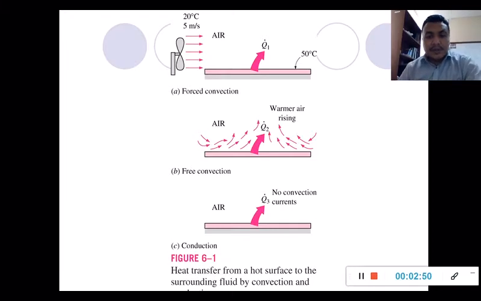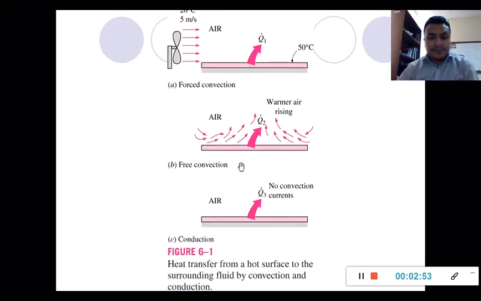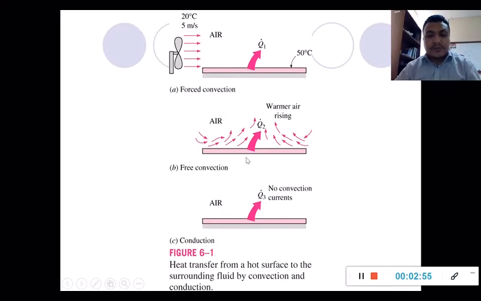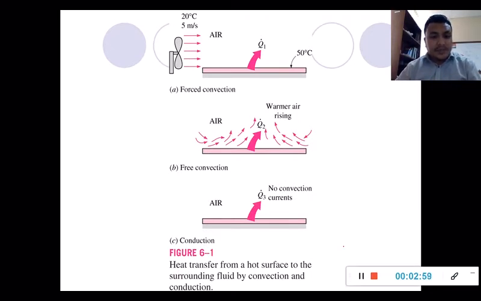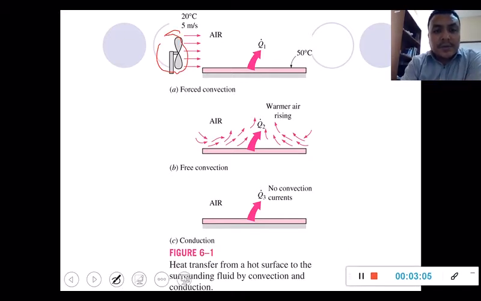I need to do some adjustment here so that I can draw something. So here we have a fan. This is what we call forced convection.